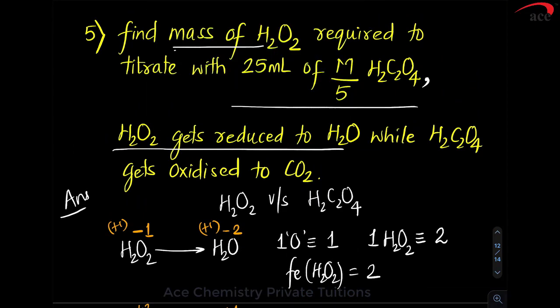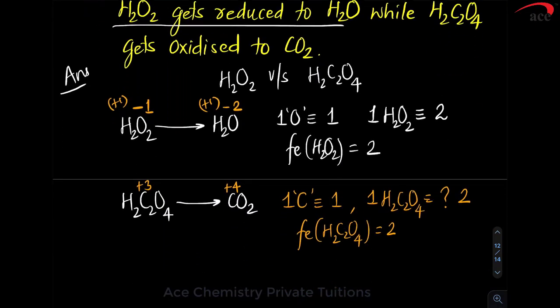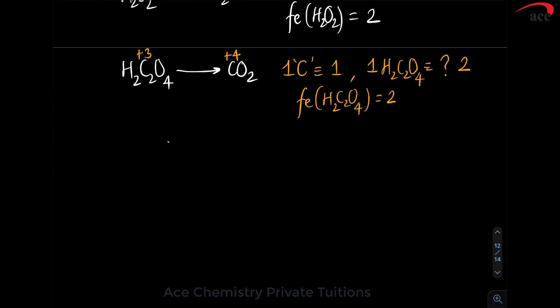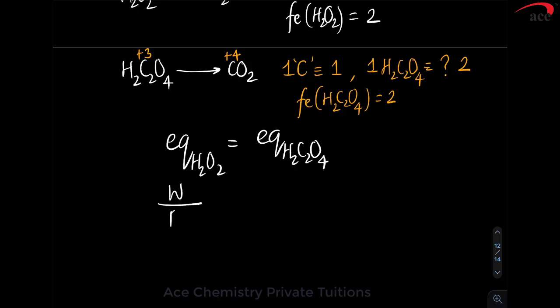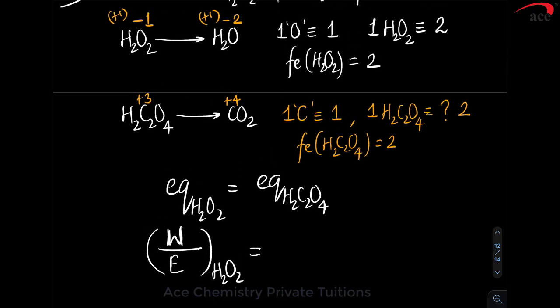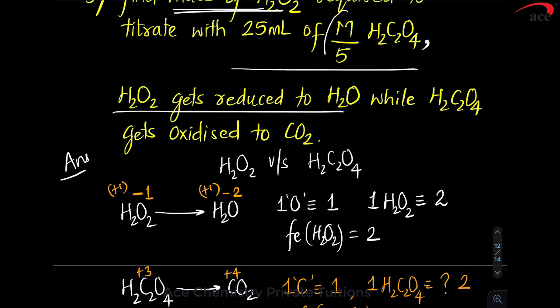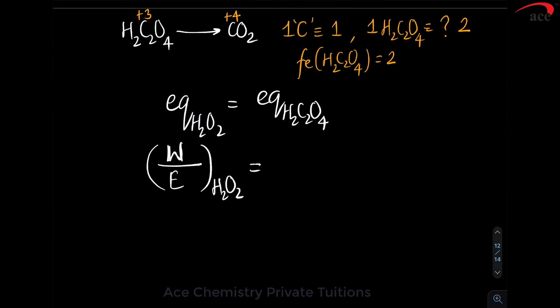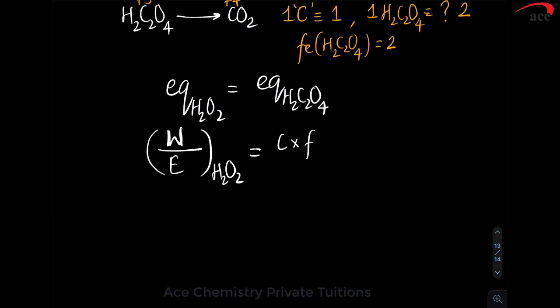What next? We are asked the mass of hydrogen peroxide. How to deal with it? We know EQ of hydrogen peroxide will be equal to EQ of oxalic acid. The mass of hydrogen peroxide is asked. So for EQ, there is only one formula: weight upon equivalent mass. For EQ of oxalic acid, they have given us molarity and volume, so the formula is molarity times factor multiplied by volume of oxalic acid.